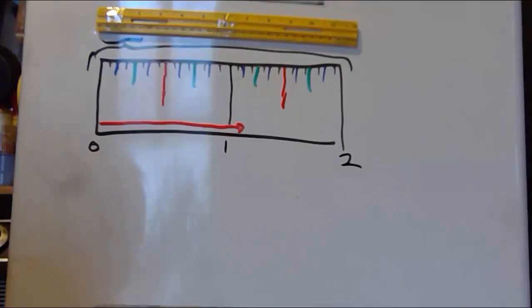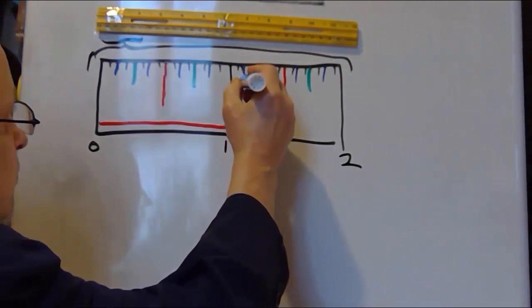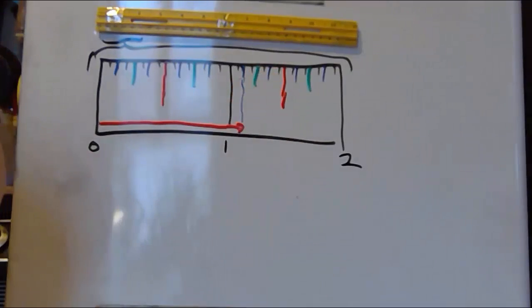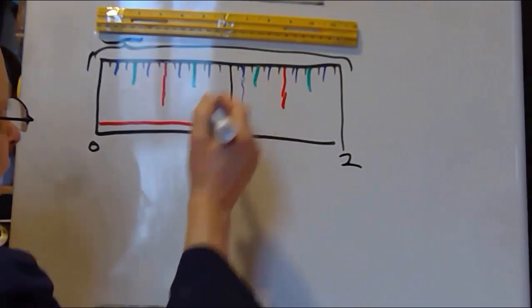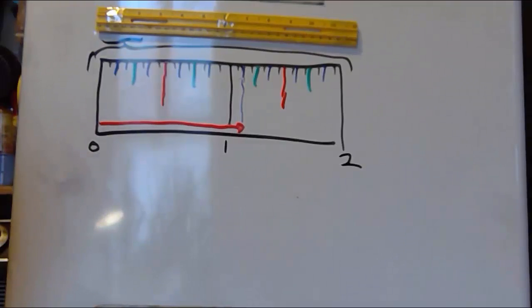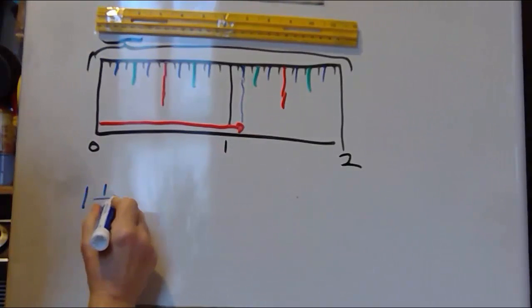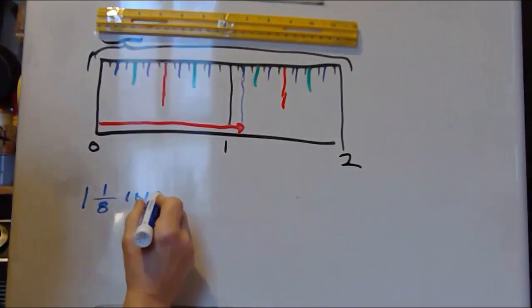So I'll just drop a perpendicular. And I see that it stops at the first eighth. So it turns out that the length of the red line is 1 1/8 inches.